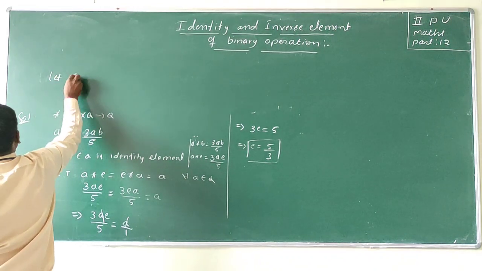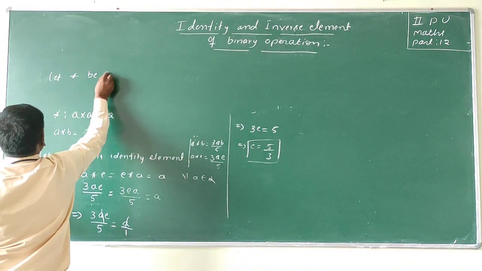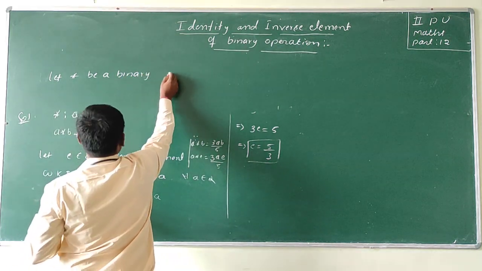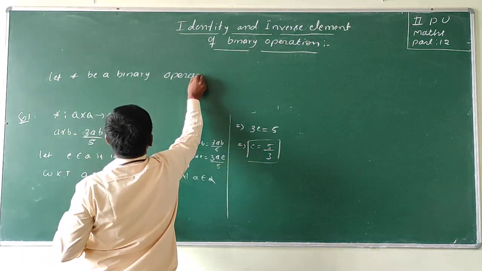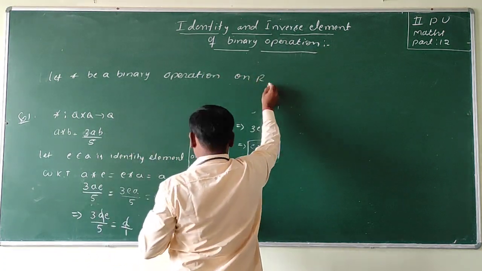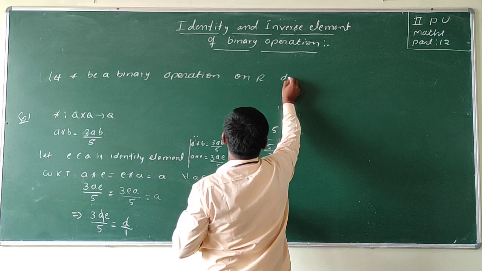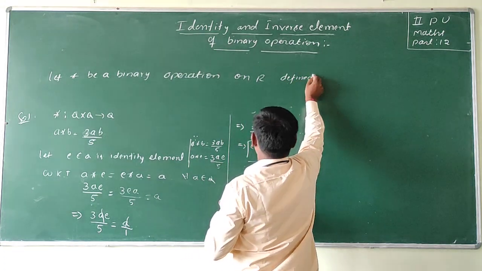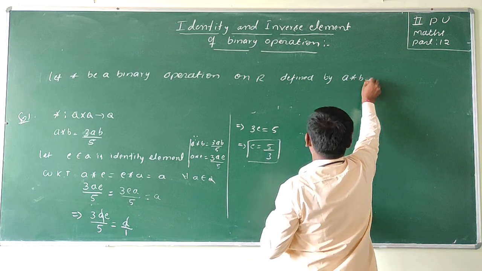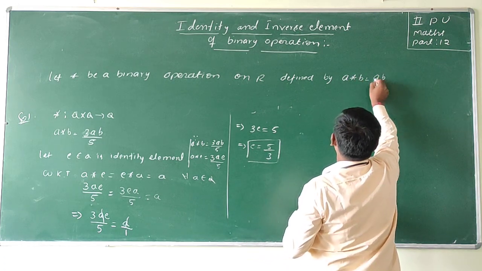Let star be a binary operation on R defined by A star B is equal to AB by 4.